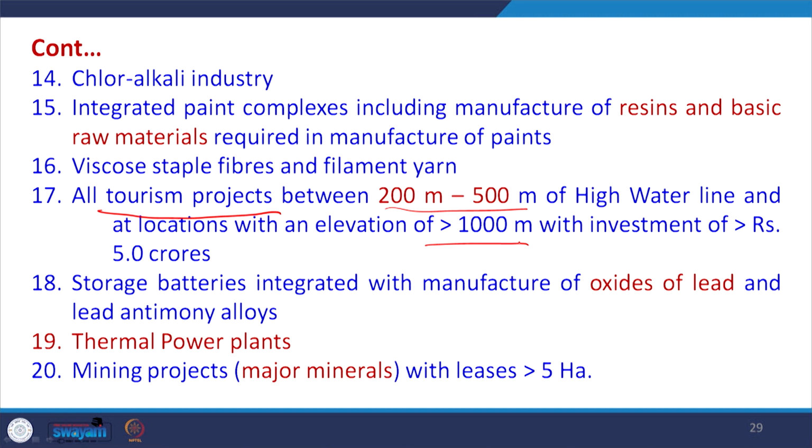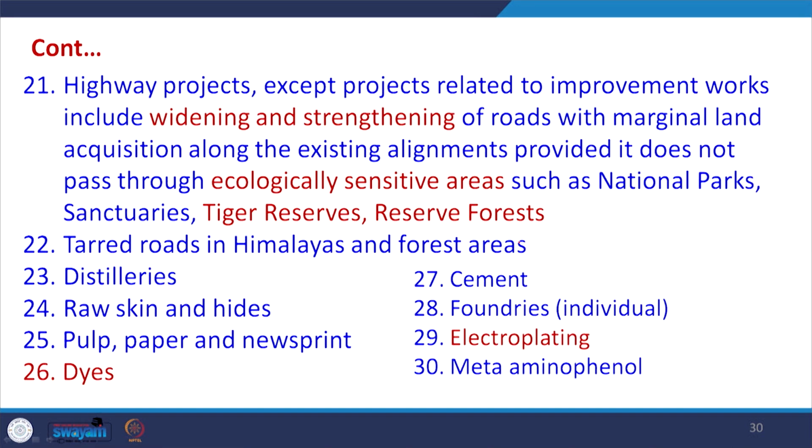Now, storage batteries, thermal power plants, mining projects, all highway projects, then tarred roads in Himalayan and forest areas, distilleries, raw skin and hide, then pulp and paper, newsprint, dyes, cement, foundries, electroplating, then aminophenol industries.